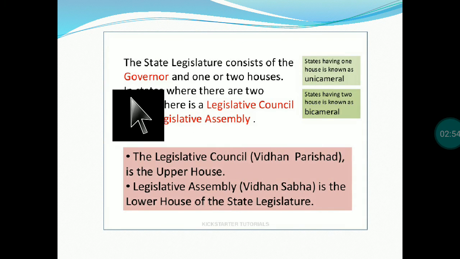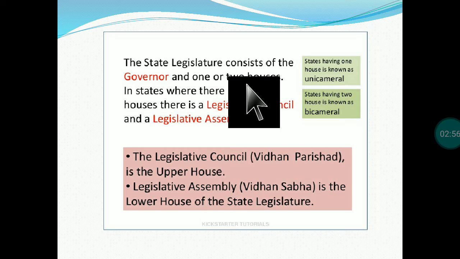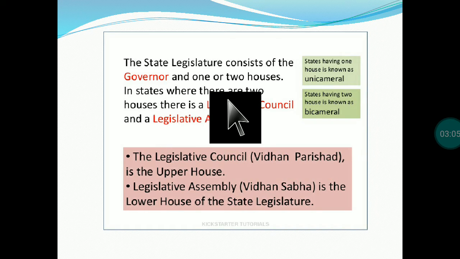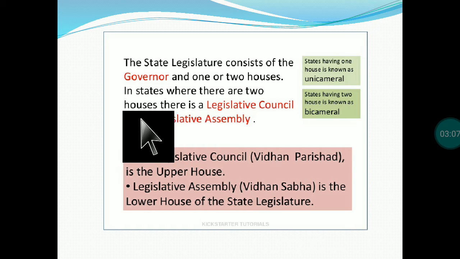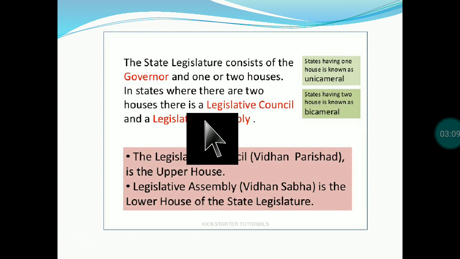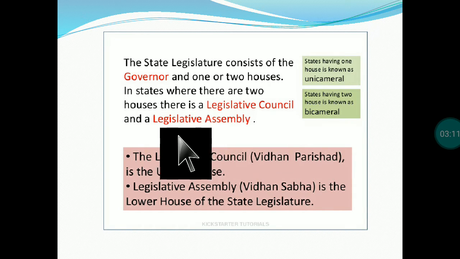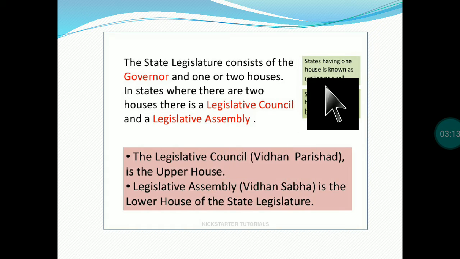Next we have here that the legislatures consist of the governor. I'm going to give you a little gist of the chapter. One or two houses are there under the governor, and in states where there are two houses, they are the legislative council and the legislative assembly.